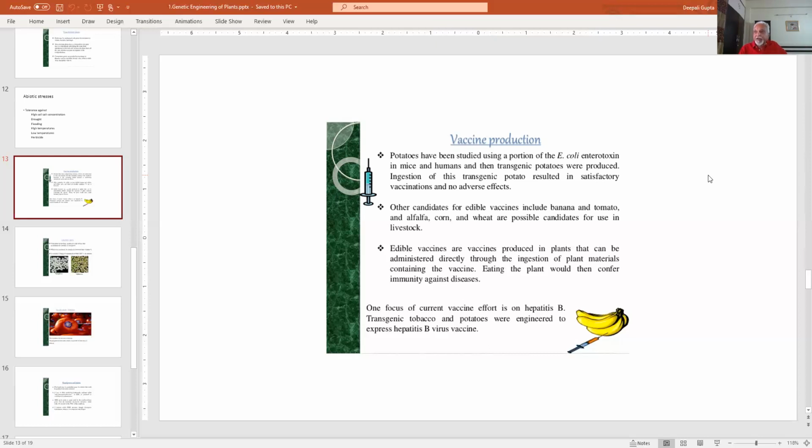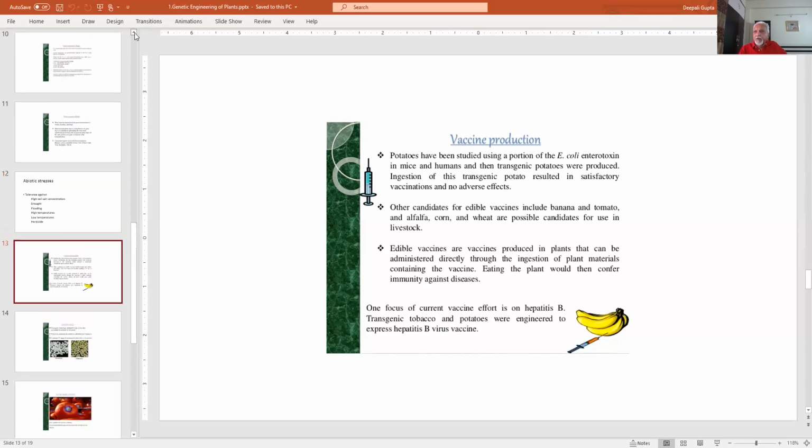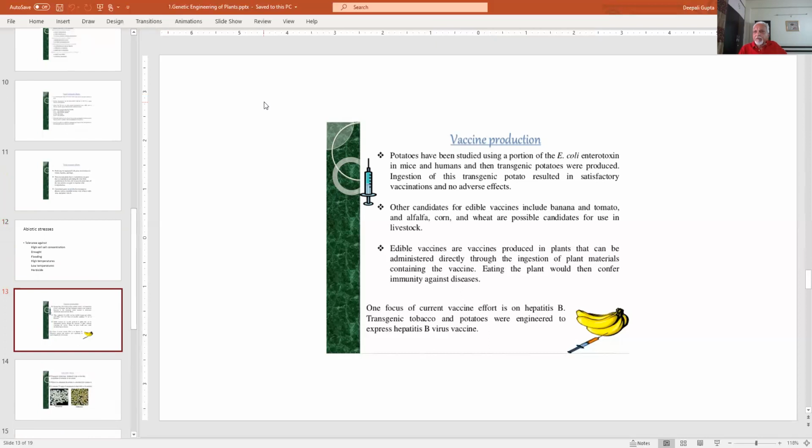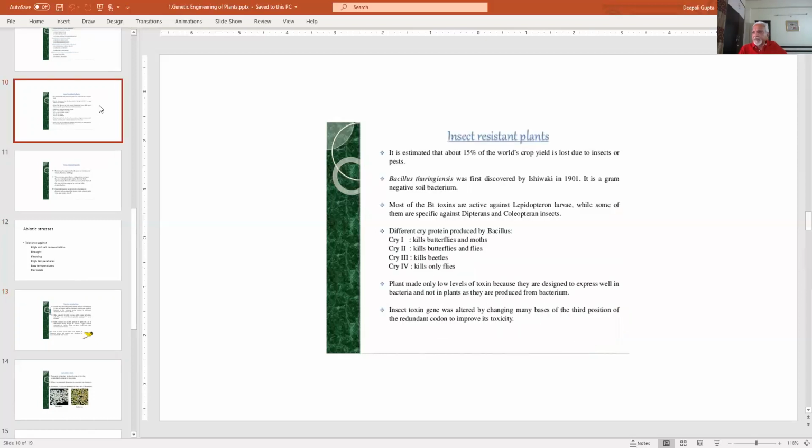We will have a detailed lecture on this aspect as we go along. But to conclude this story here, we are not able to release any such edible vaccines. It's all in lab and trials, different kinds of trials.